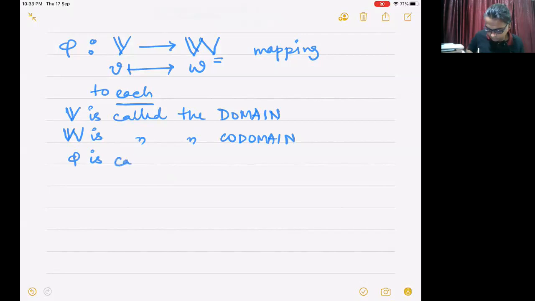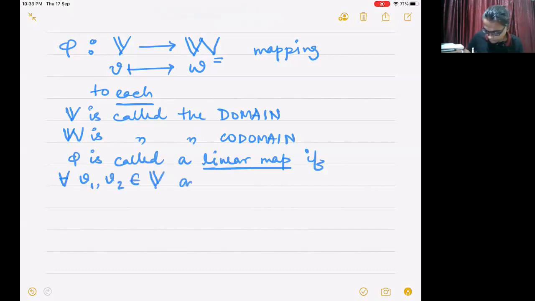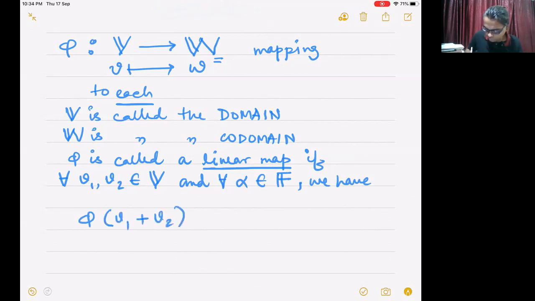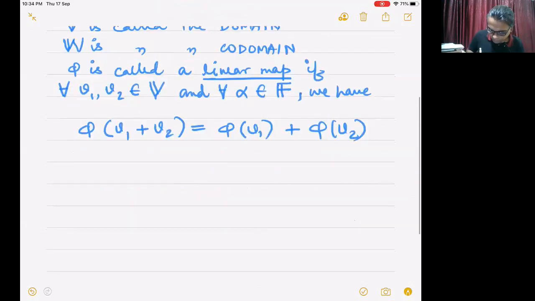Phi is called a linear map if, listen carefully, for all v1, v2 in the vector space V, and for all alpha in the field F, we have phi(v1 + v2) = phi(v1) + phi(v2), and phi(alpha v1) = alpha phi(v1).